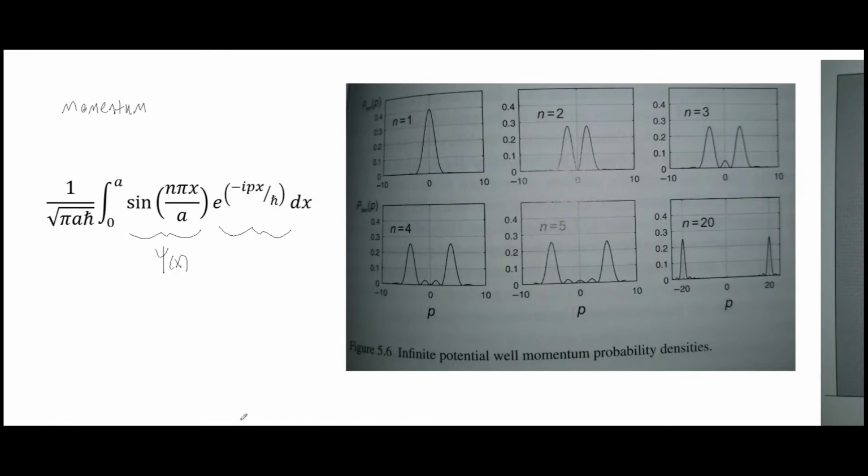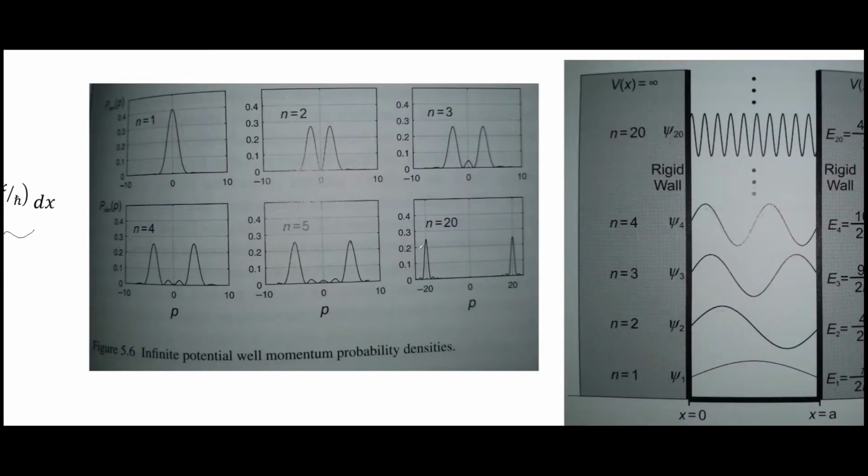But then if we do the Fourier transform, or if we took the wave function and acted on it with a momentum operator, we would get things like this. And so this is in momentum space. So over here we saw the probability amplitudes. If we squared them, they would just be probabilities.